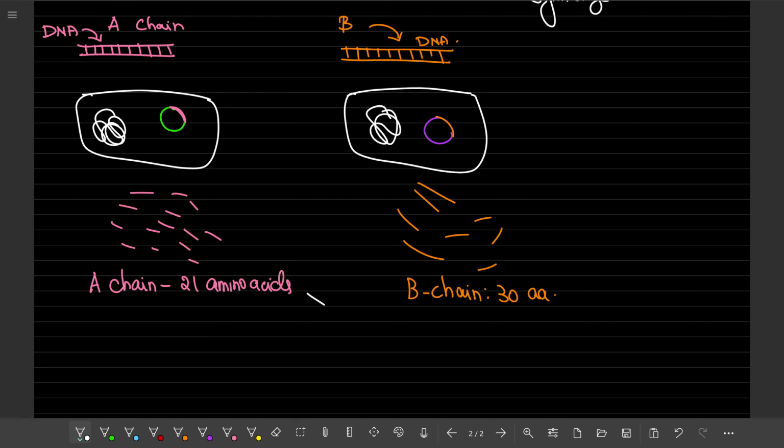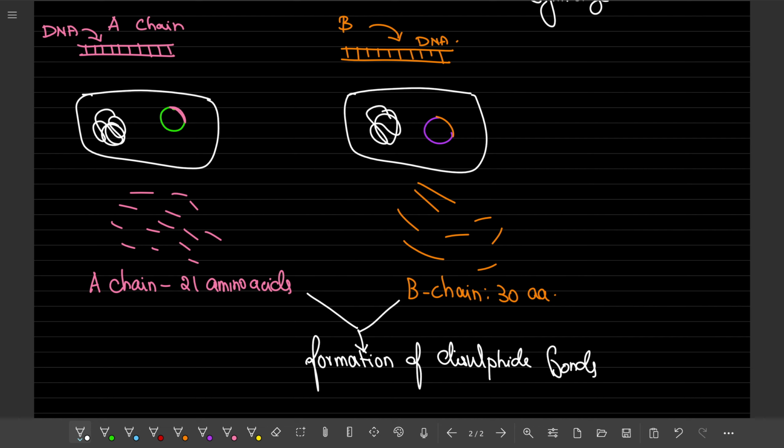Okay. So now what happened? Now we are just going to allow them to form disulfide bonds. So when they are mixed, they are going to be allowed to form disulfide bonds, which gives us what?